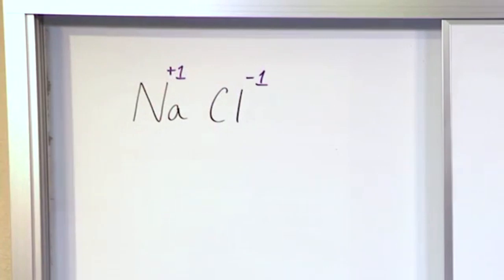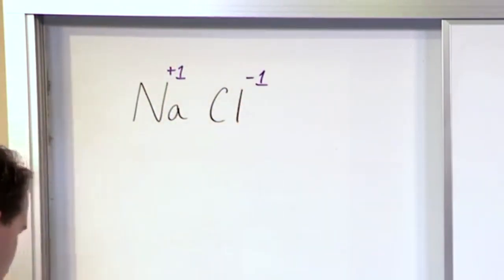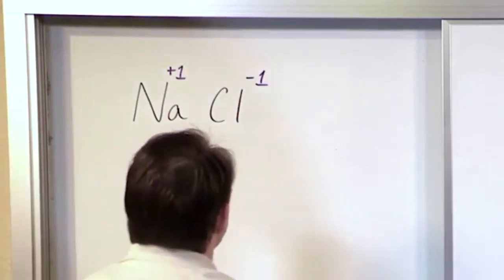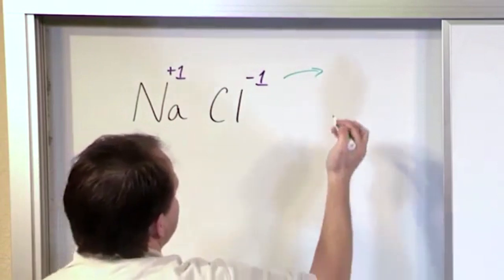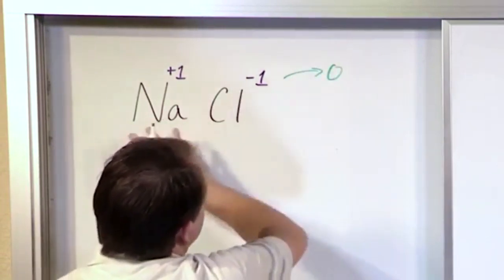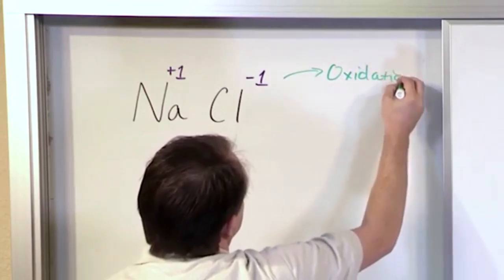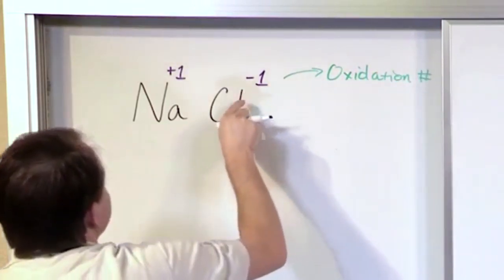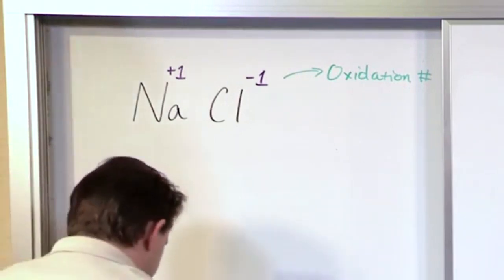So +1 for sodium and -1 for chlorine, we call these oxidation numbers. I told you a minute ago that, in general, you can think of it as the charge on these. So the oxidation number of chlorine would be -1. The oxidation number of sodium would be +1.